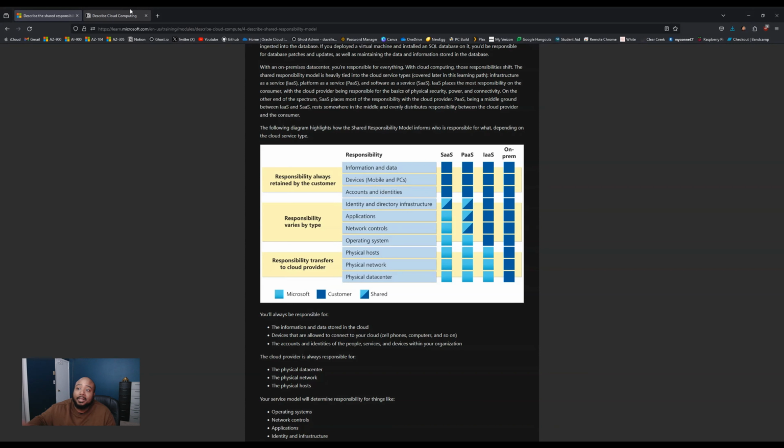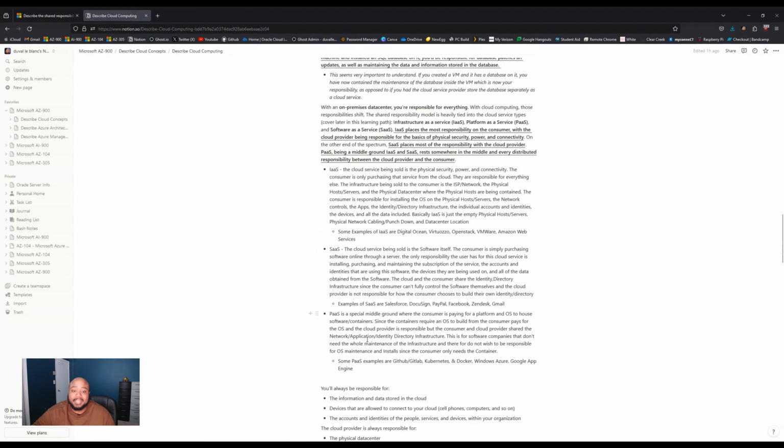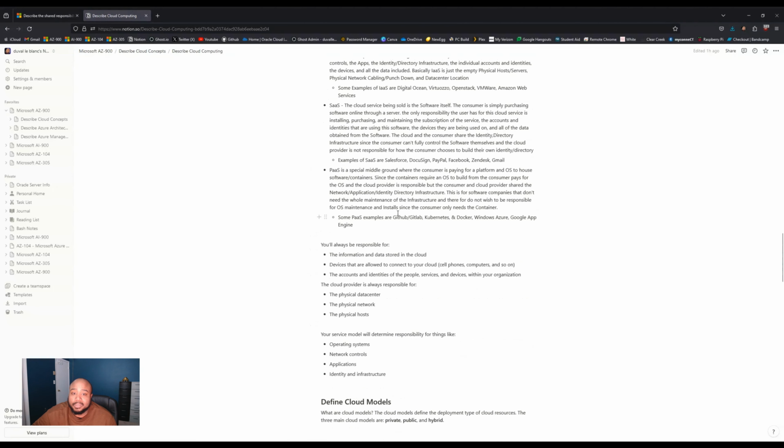They only want Docker containers, Kubernetes, and stuff like that. Examples of platform as a service are GitHub, GitLab, Kubernetes, Docker, Windows Azure, and Google App Engine. These are ones where they're concerned about a portion of the OS, not the whole thing, so they don't want to pay to maintain it.